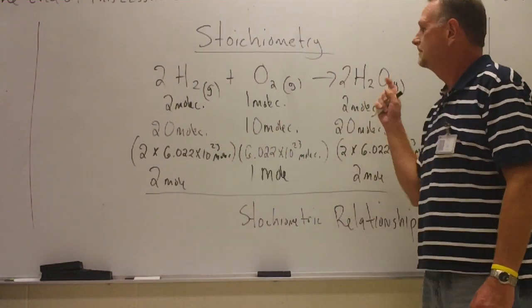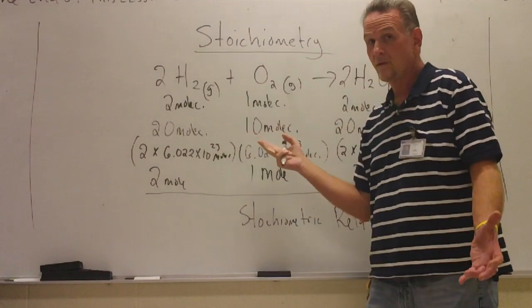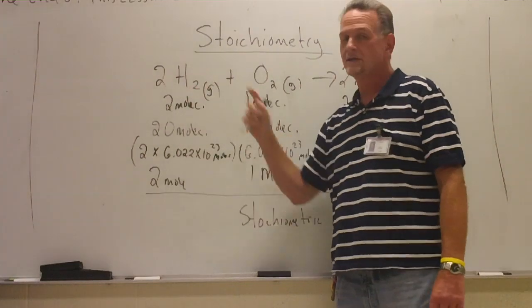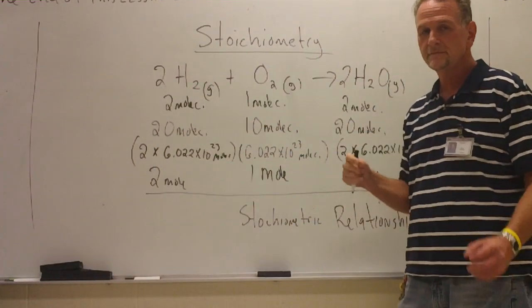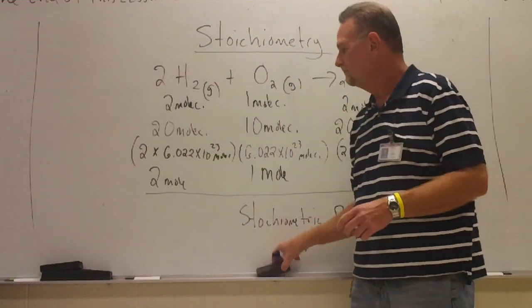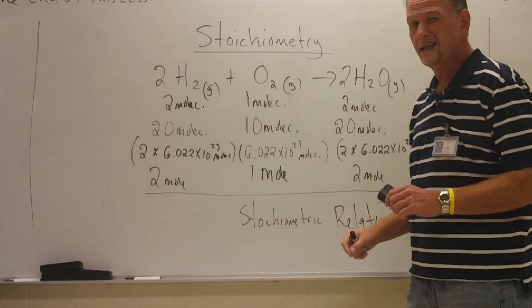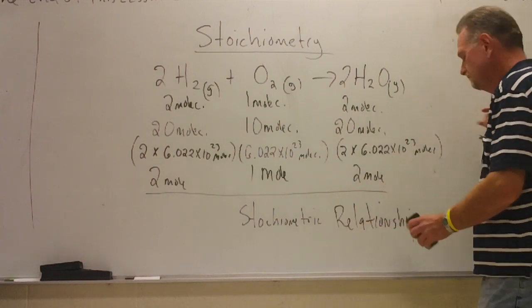Like we said, if a certain amount of water is formed, let's say we want 10 grams, how much hydrogen would we need to actually produce the 10 grams of water? So we're going to need the stoichiometric relationship, and we're going to need our ability to convert moles.